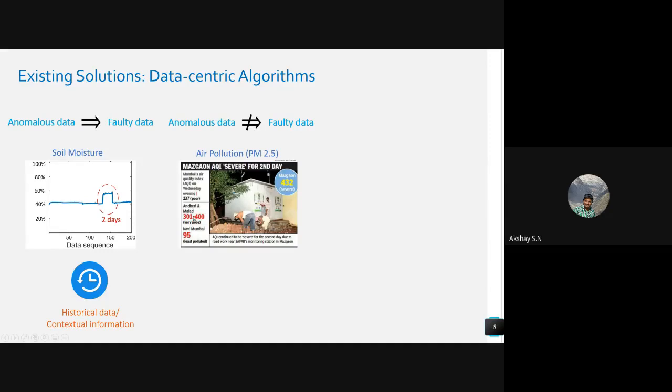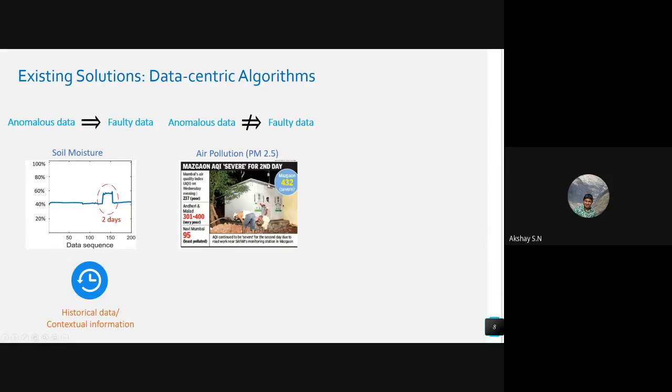So the overall city is measuring this, but this particular location is measuring a very high value. If you use data-centric algorithms, you can easily detect that there is an anomaly here. But this anomaly does not mean faulty data, because in this case, what actually happened was there were people working near the sensor, and the dust from the nearby working site was increasing the sensor value. So this is not an anomaly, which means this is not faulty data.